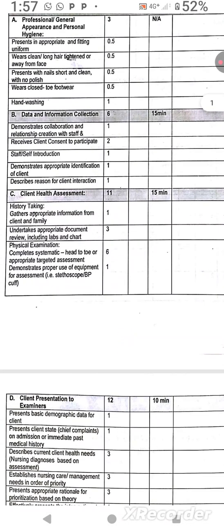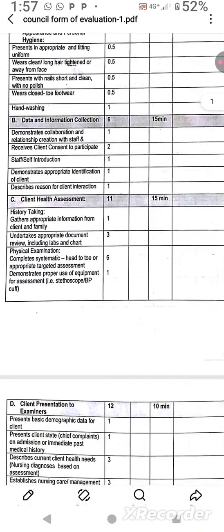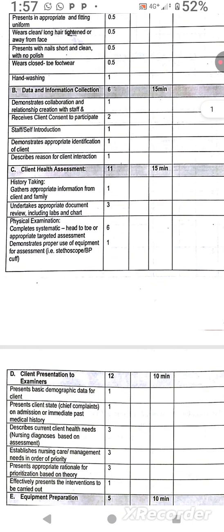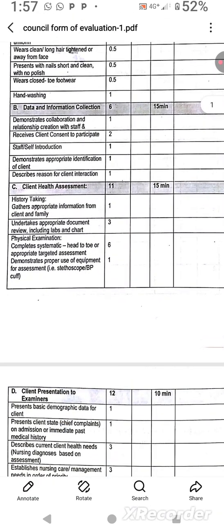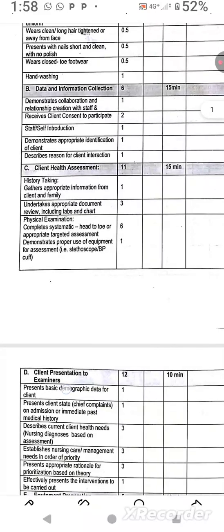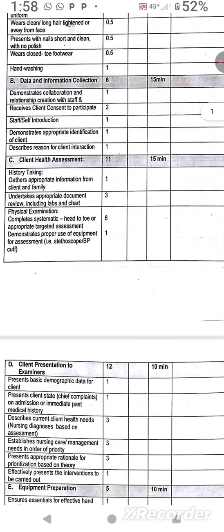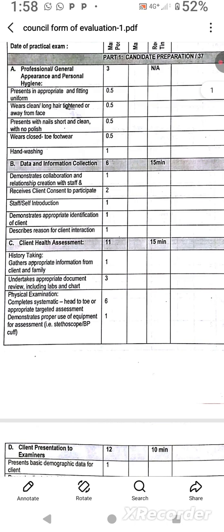Second, wear clean long hair tied or away from the face. The third, you should present with nails short and clean with no polish. The fourth, you should wear closed footwear. Then hand washing, which you must do before any procedure.